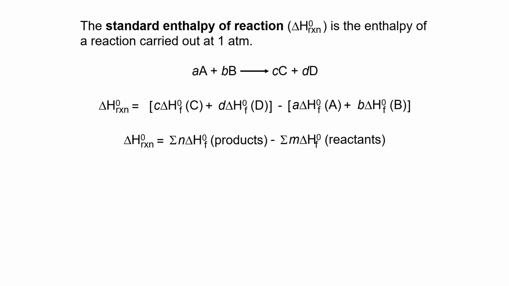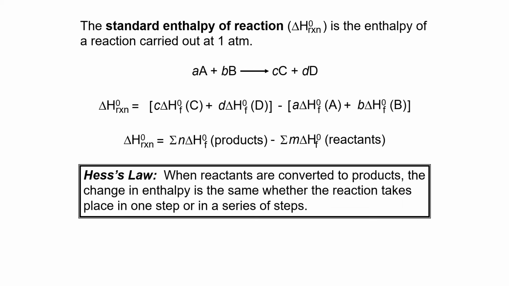There's an indirect method, which we call Hess's law. And this is utilized when reactants are converted to products. The change in enthalpy is the same whether the reaction takes place in one step or in a series of steps. And Hess's law is applied to chemical reactions that, when producing products, do not occur in only one step.